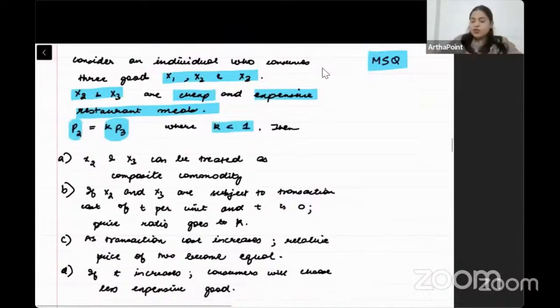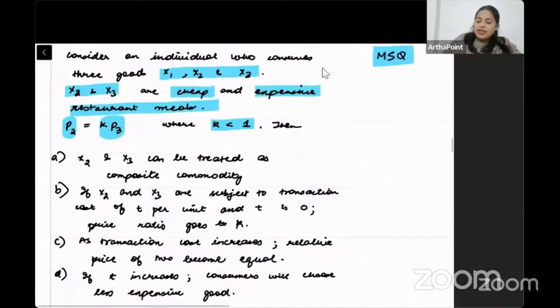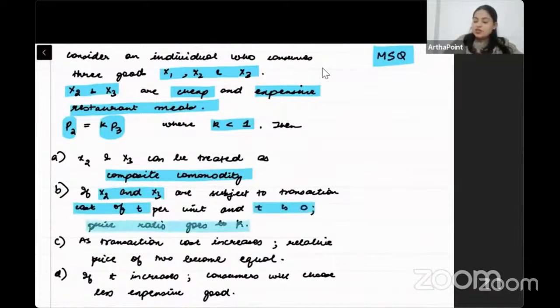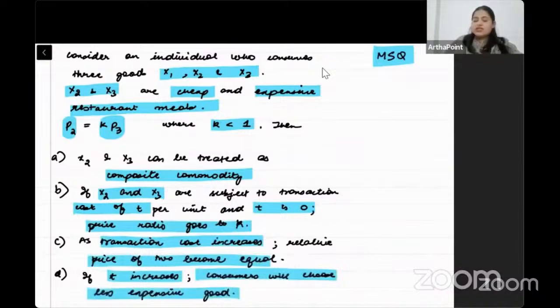Tell me which of the following is true. X2 and X3 can be treated as composite commodity. X2 and X3 are subject to a transaction cost of T per unit, and if T is 0, the price ratio goes to K. As transaction cost increases, relative prices become equal. If T increases, the consumer will choose the less expensive good. Again, I am giving you 5 minutes, solve this.